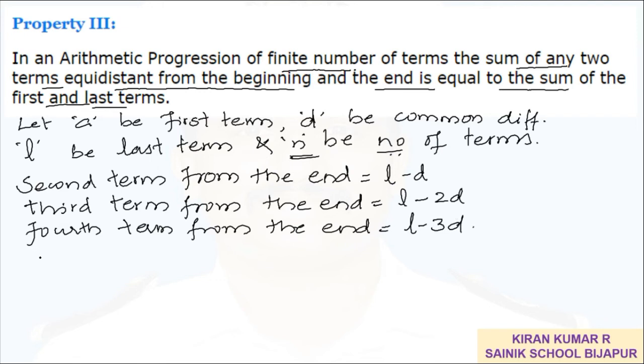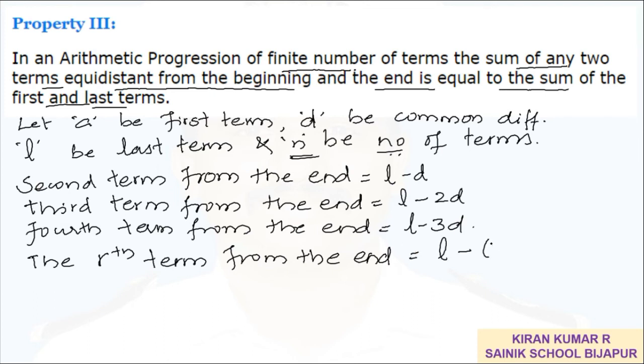Similarly, if you continue this process, let me consider the rth term from the end. It will be L minus (r minus 1) into D. We have learned the nth term of an arithmetic progression.